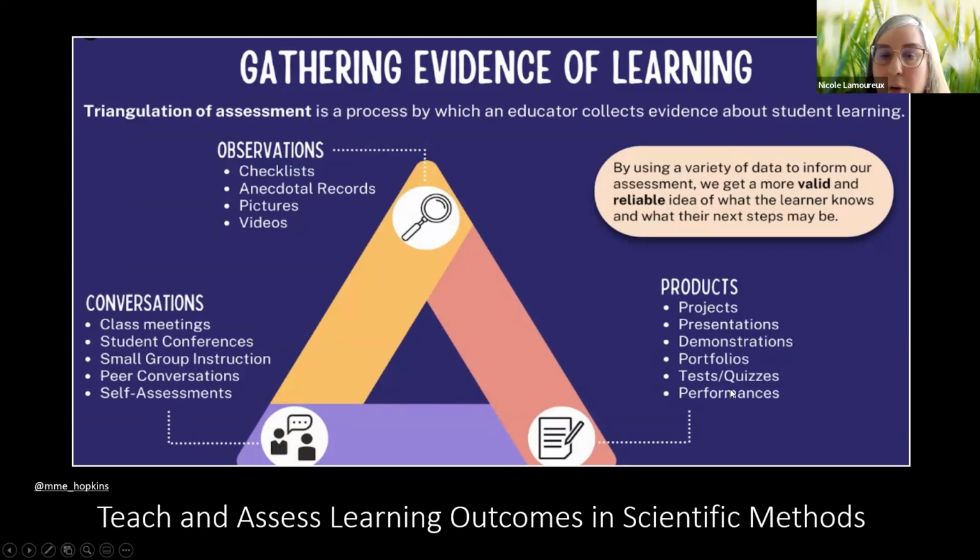We don't want to just focus on tests and quizzes, or presentations, which is kind of the traditional approach. In primary, we're pretty good at doing observations, right? Gathering that evidence with anecdotal notes or checklists and videos, as well as students talking in every classroom, regardless of subject. So peer-to-peer conversation, listening to those, or having one-on-one conversations, and the students self-assessing.